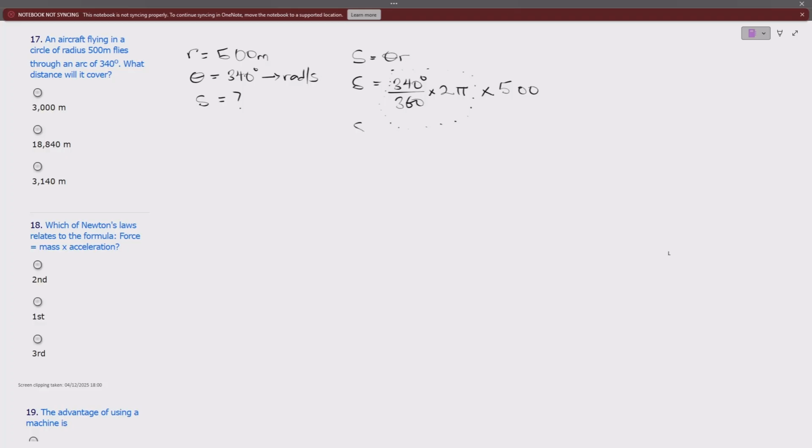So S equals, that's 34 divided by 36 times 6 times 500. So 2 pi is approximately 6. Because we are not using a calculator, I state it again. We go straight into 2 pi, it's approximately 6.